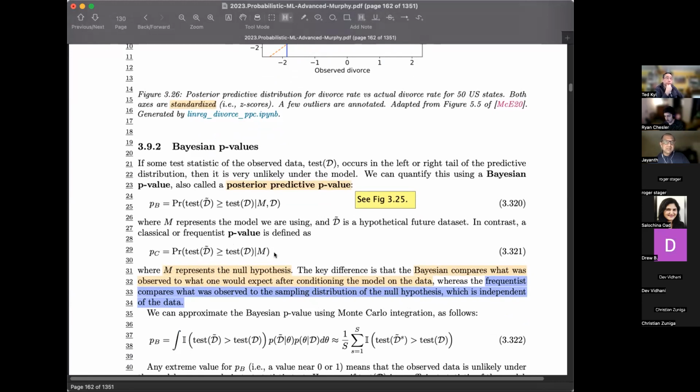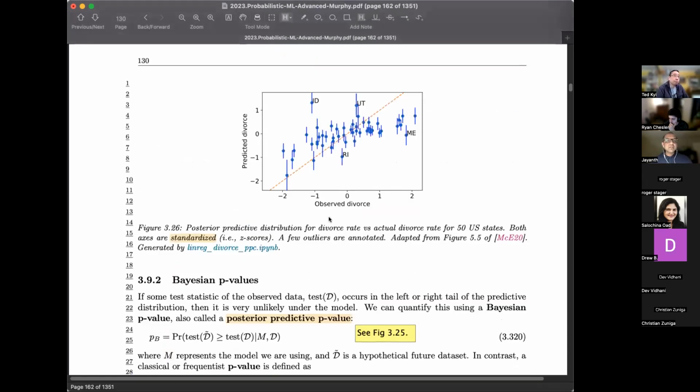That is a little bit hypothetical, so we don't have a dependence on the data here. If you look at the equation, you're looking at the test statistic that is at least as extreme as your data, so you are considering your data as well. 3.25.